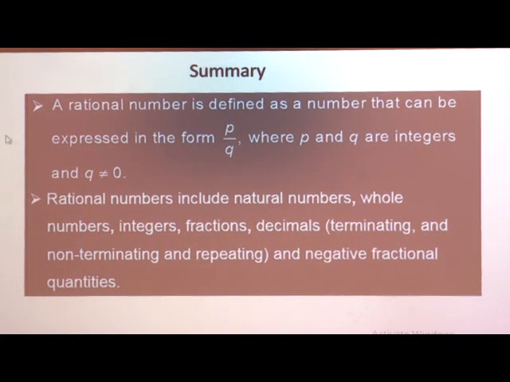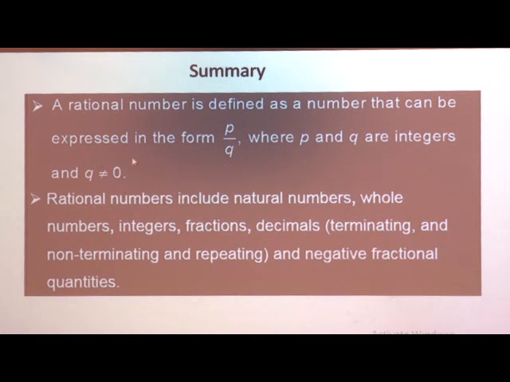A rational number is defined as a number that can be expressed in the form of P upon Q, where P and Q are integers and Q is not equal to 0. So, here it is not equal to 0.